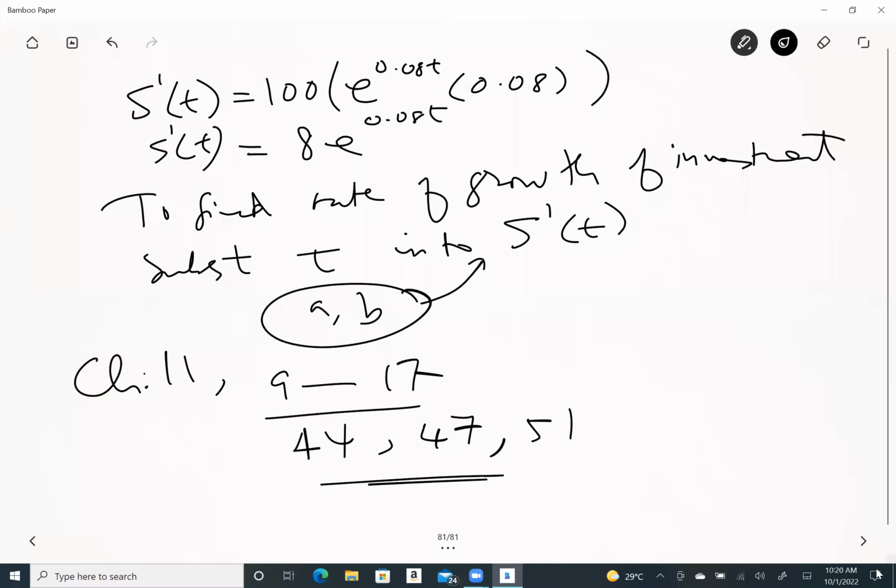So next, we are going to look at the integral. The integral of the exponent. You go to chapter number 12.